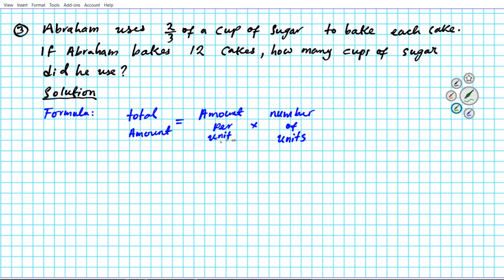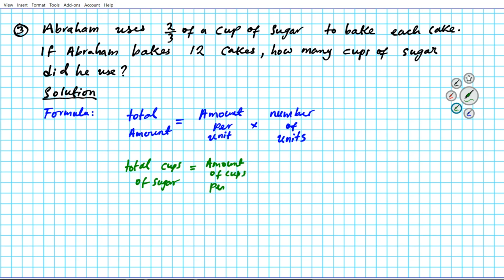Let's adapt this formula to this particular situation. We're asked to find the total amount of sugar used, or total cups of sugar. To do that, we need to know the amount of sugar per cake, the number of cups per cake.